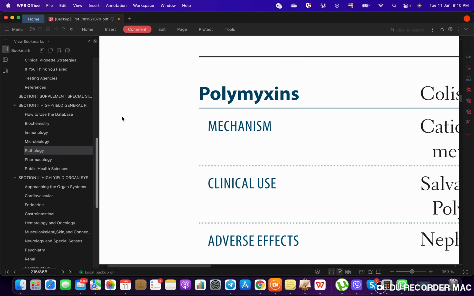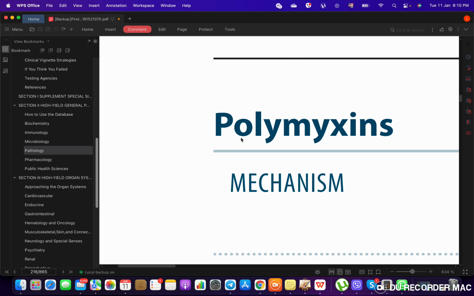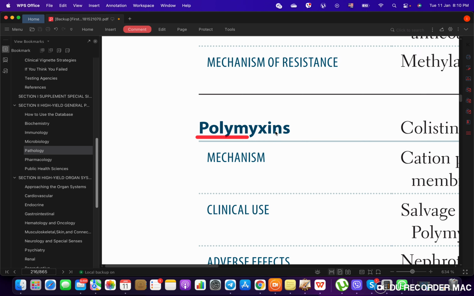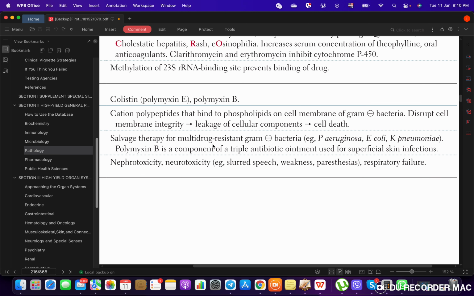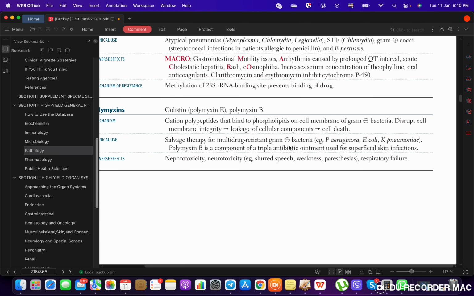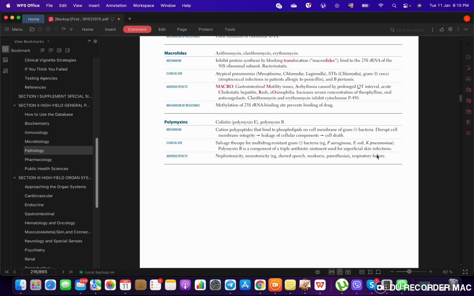Somebody once told me polymyxin has poly side effects, which means many side effects. Clinical use: salvage therapy for multi-drug resistant gram-negative bacteria like Pseudomonas, E. coli, and Klebsiella pneumoniae. Polymyxin is a component of a triple ointment that is used to treat superficial skin infection.